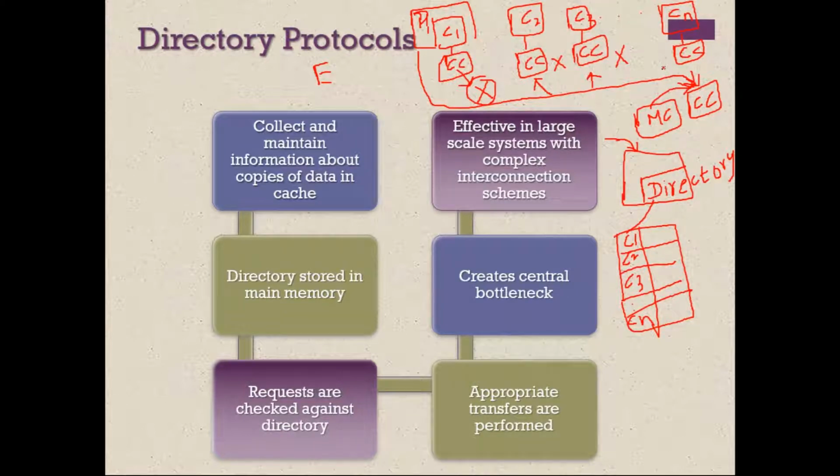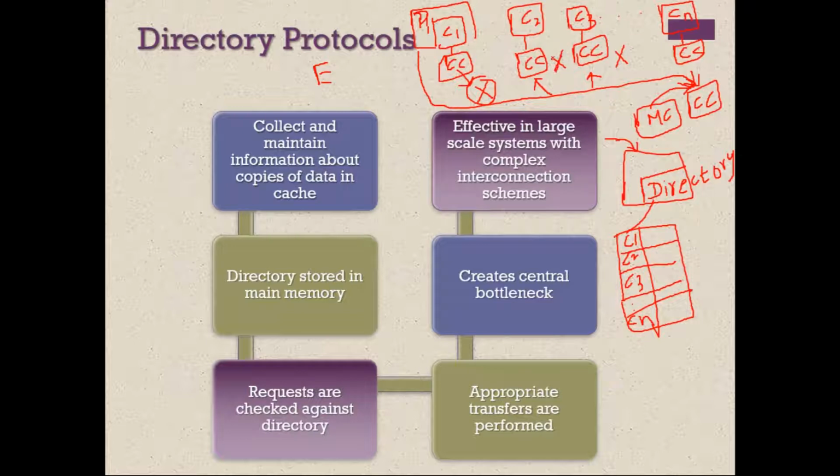That means whatever x you are holding will no longer be valid, because P1 is going to modify it. So please invalidate and let me know. The centralized controller gives this communication, and it reaches every processor. Whichever processor is holding x will make x invalid.